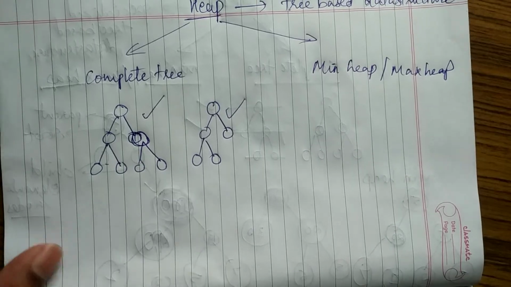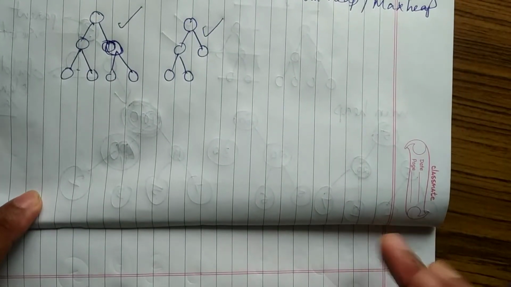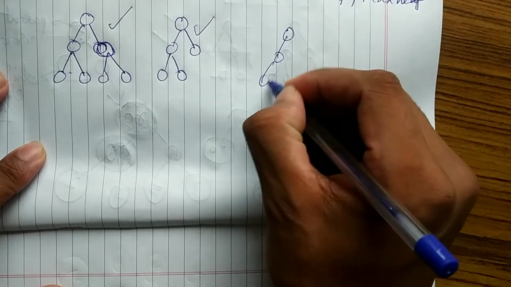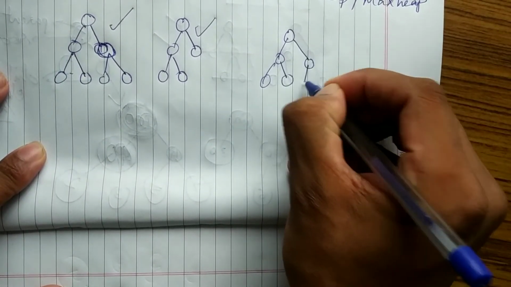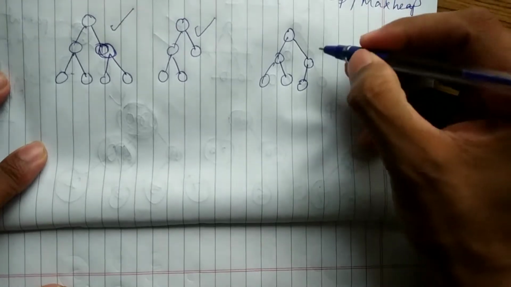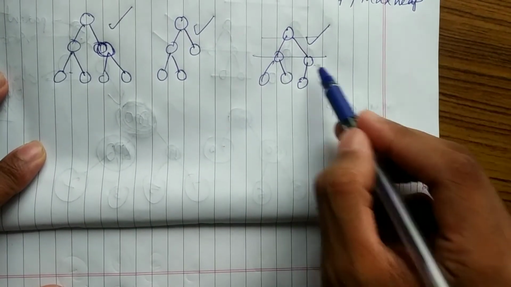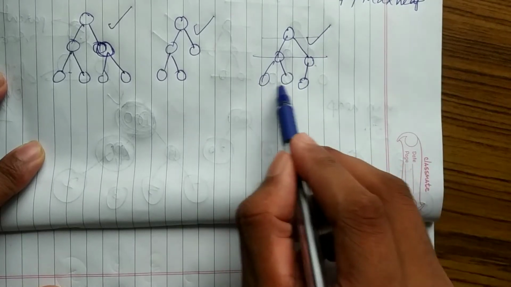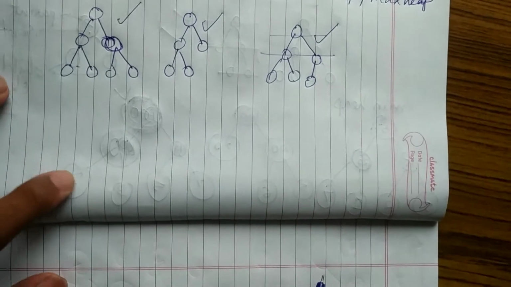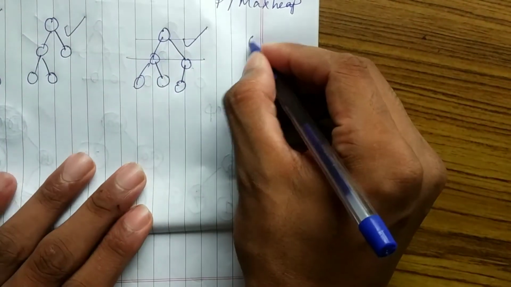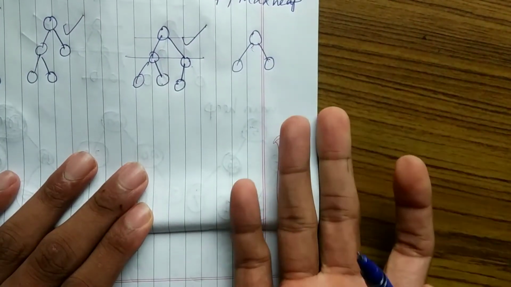Let's take a few more examples. This is a complete tree because in all the levels nodes are completely filled and in the last level nodes are leftmost as possible. This is also a complete tree.